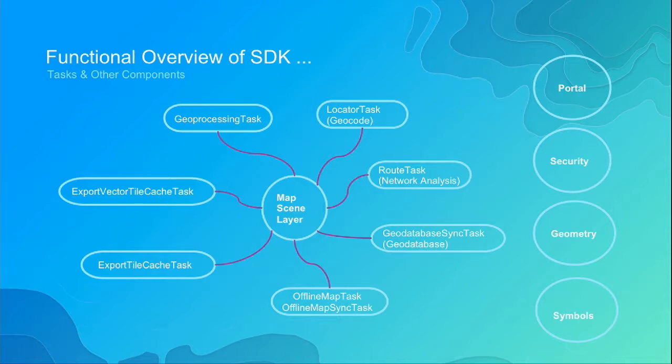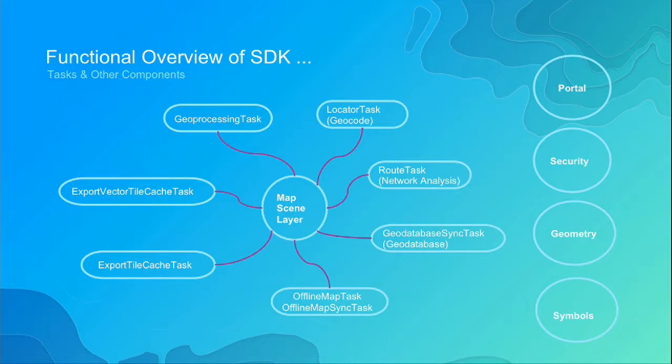We also have other key components, like a set of portal APIs, if you want to work with ArcGIS Online. We have security covered as part of our API, so any enterprise security model that you have, we support that. We will see in later slides how those things work.